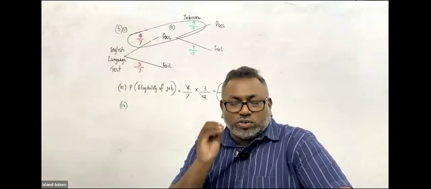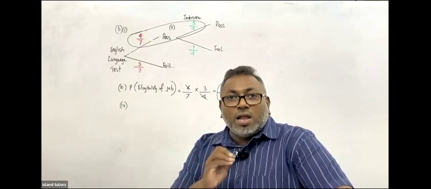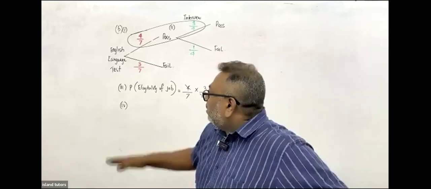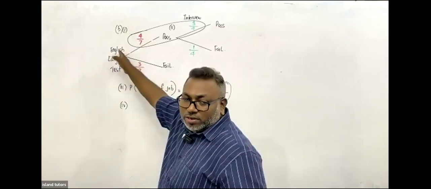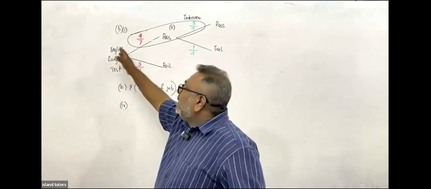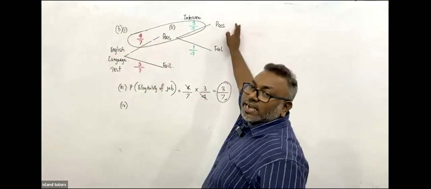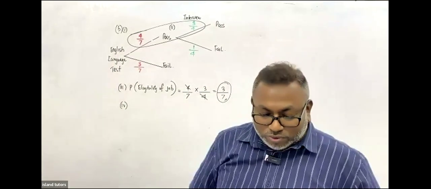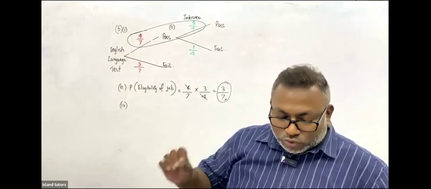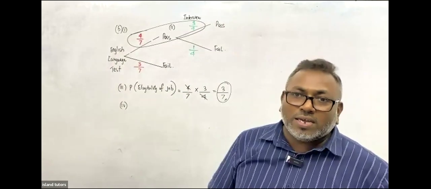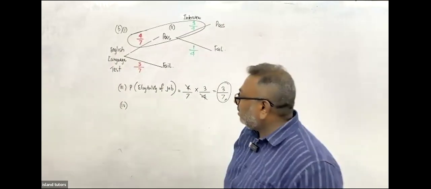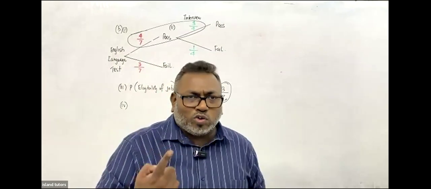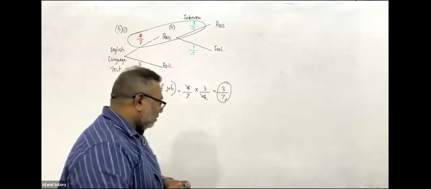So in order for you to take 105 people, how many people should have applied for this job at the starting point? How many candidates should have expected to sit for the English language test, right? So what are we trying to find out? We're trying to find out the total number of applicants, right?